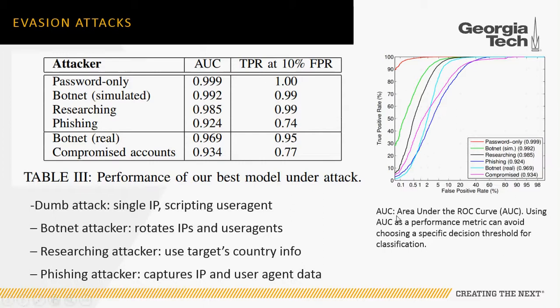What is AUC? It's the area under the ROC curve. So this graph is called the ROC graph. It's a plot of false positive rate versus true positive rate. For example, here at 10% FPR, the curve shows this blue line is phishing.